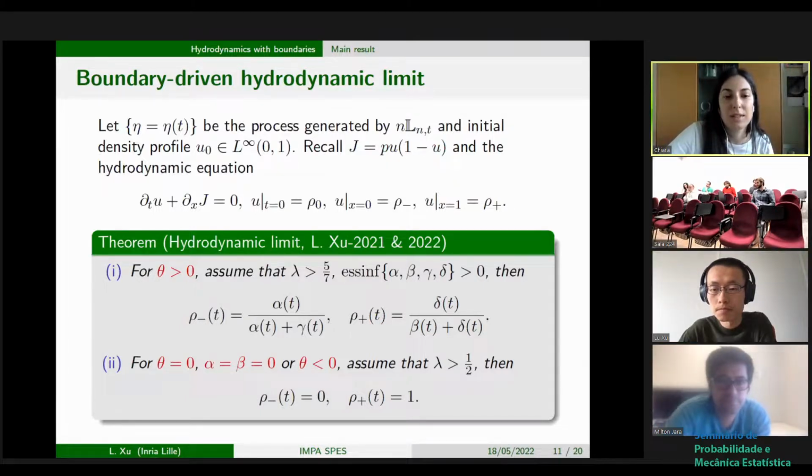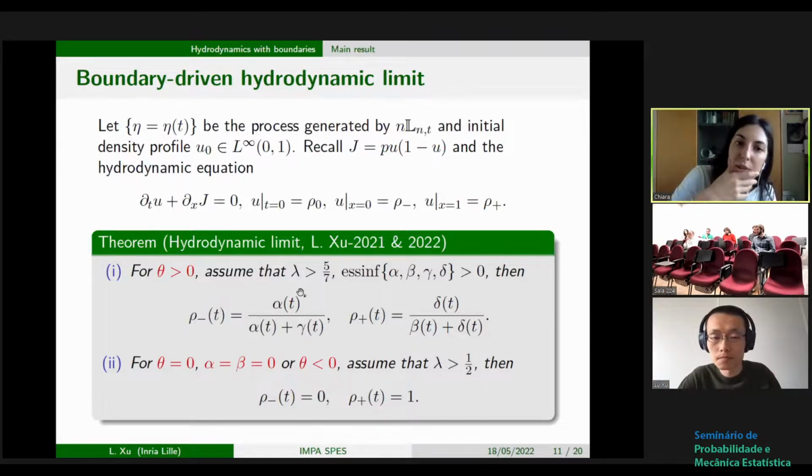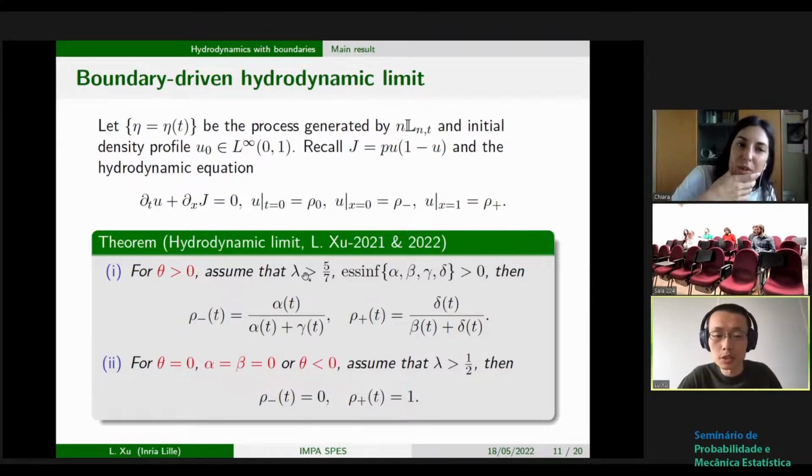Lou, this lambda bigger than 5/7 and lambda bigger than 1/2, is it a technical condition? Yes, lambda is the speed-up of the symmetric part, and this means that I need very strong convergence to equilibrium.